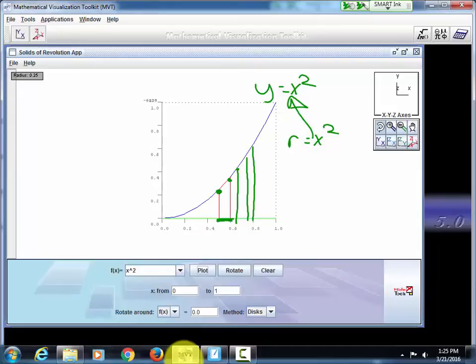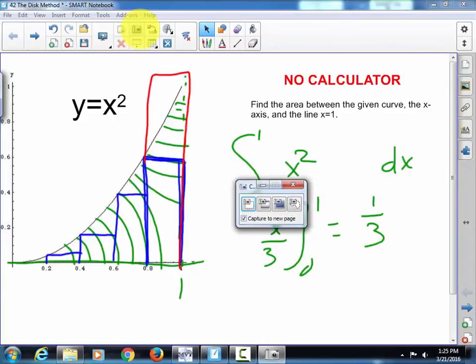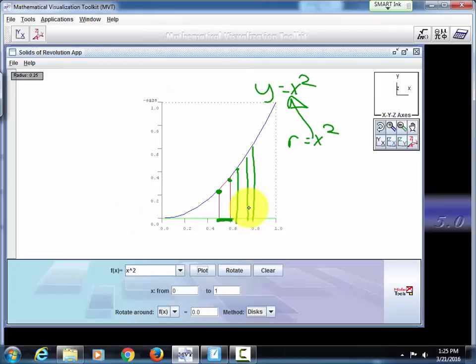So what we've got to do in order to find the area of this thing, and let me take a picture of this so I can take all of my crib notes over there.